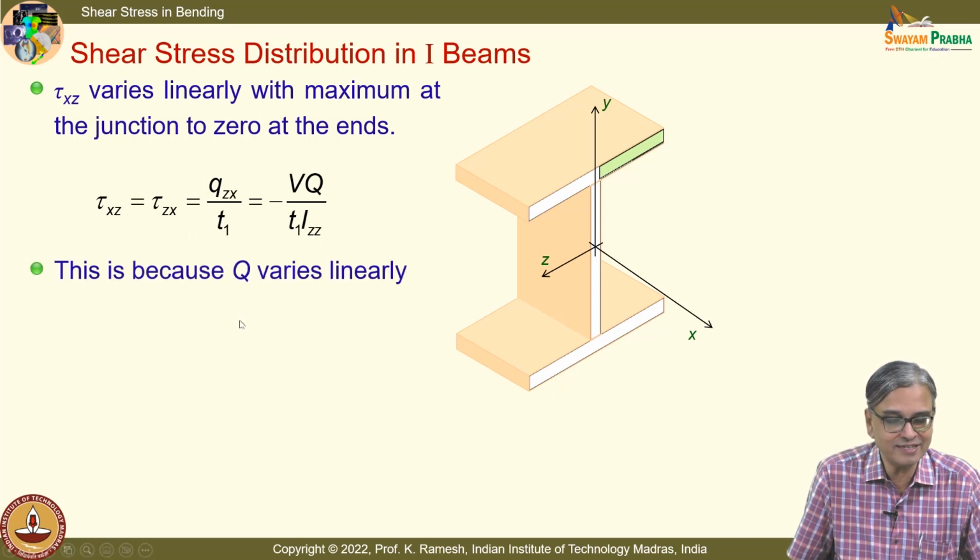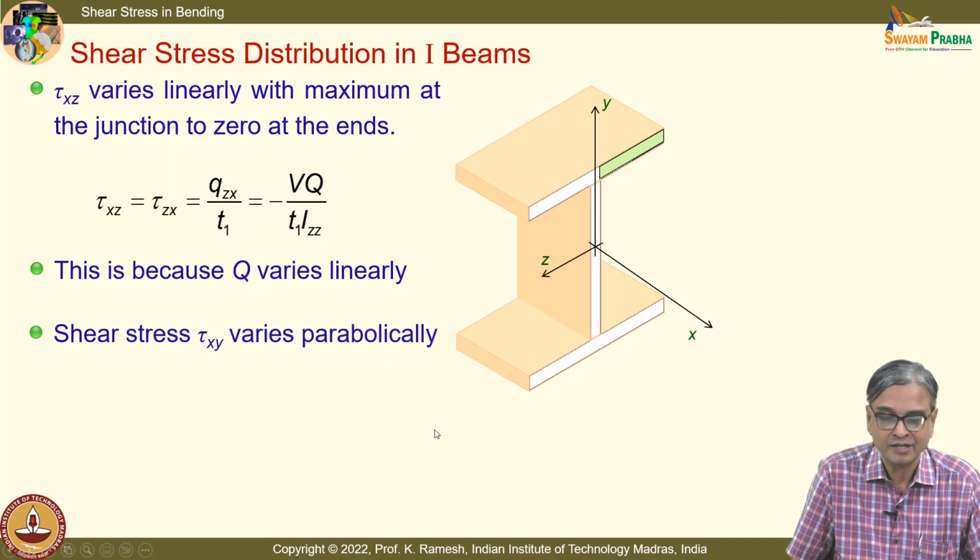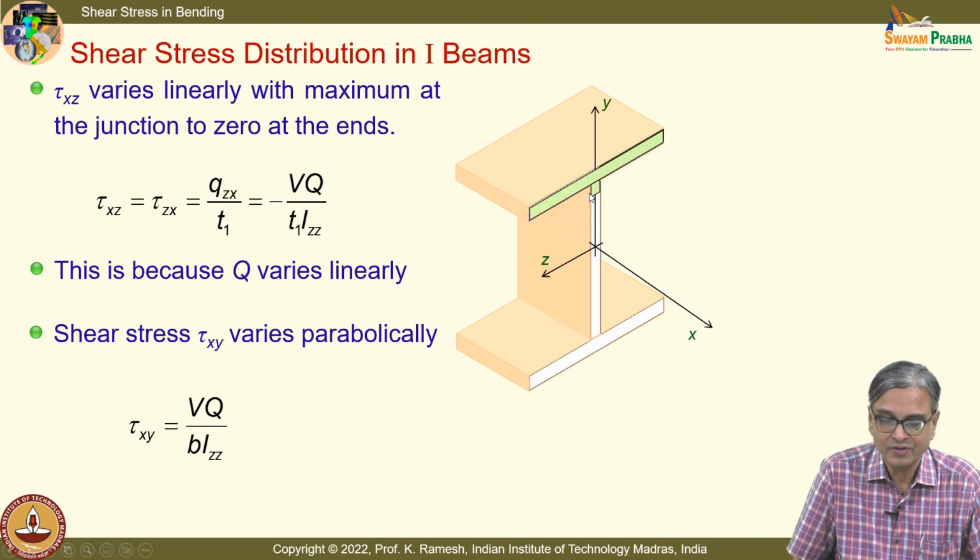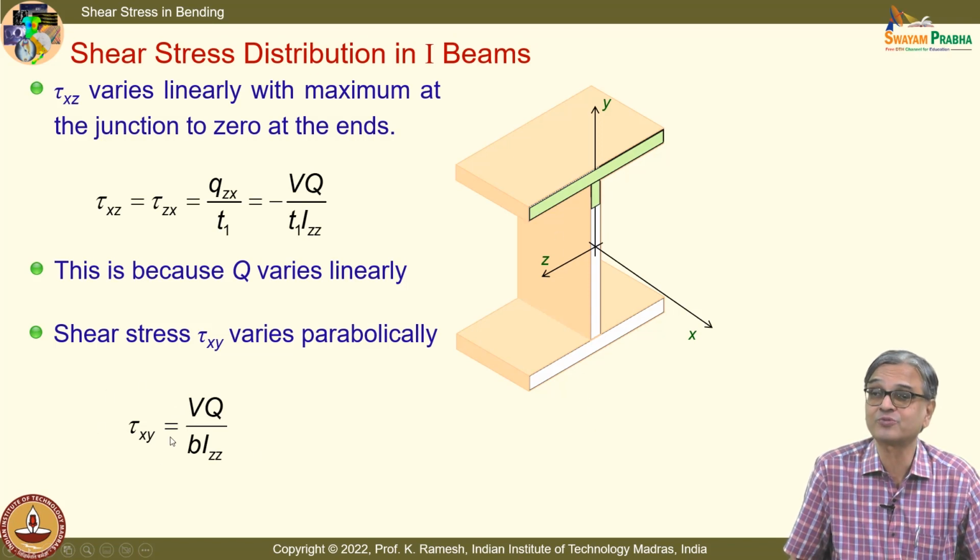So you have this varying linearly because Q varies linearly. On the other hand, if I take the horizontal one, when I do this, my y also will change. So the change is parabolic for the shear stress tau xy.